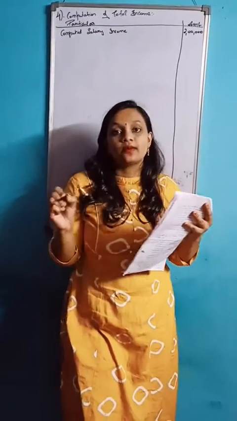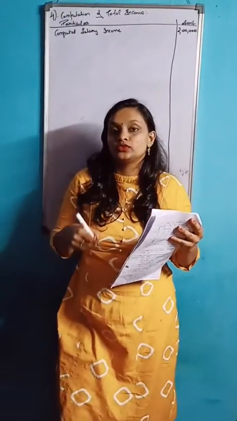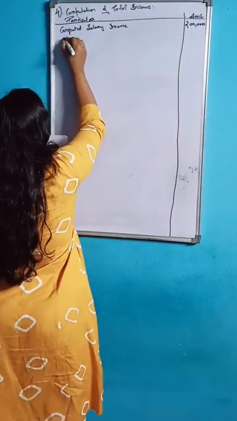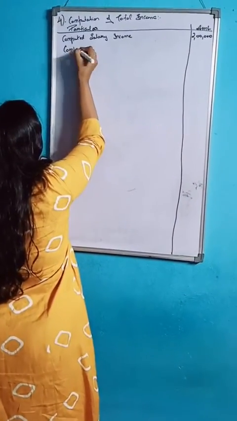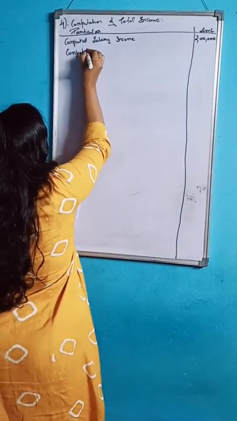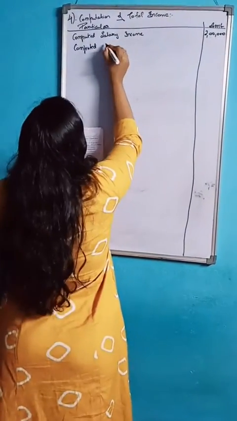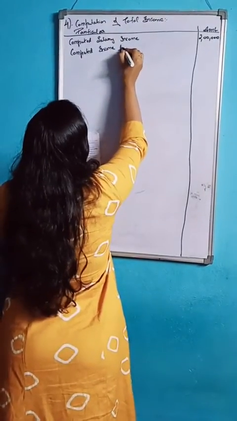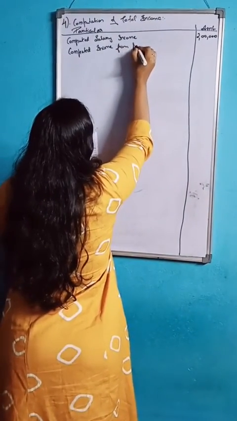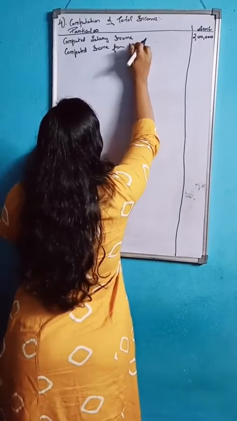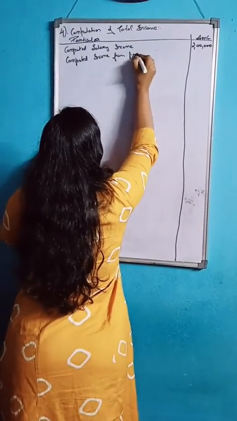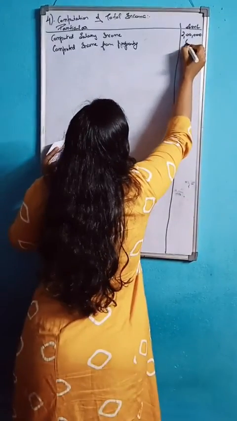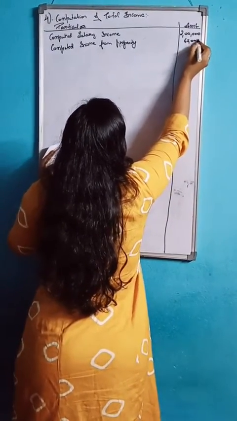So in the question they have mentioned computed, so you should write the direct amount in the amount column. So computed income from property, 65,000.